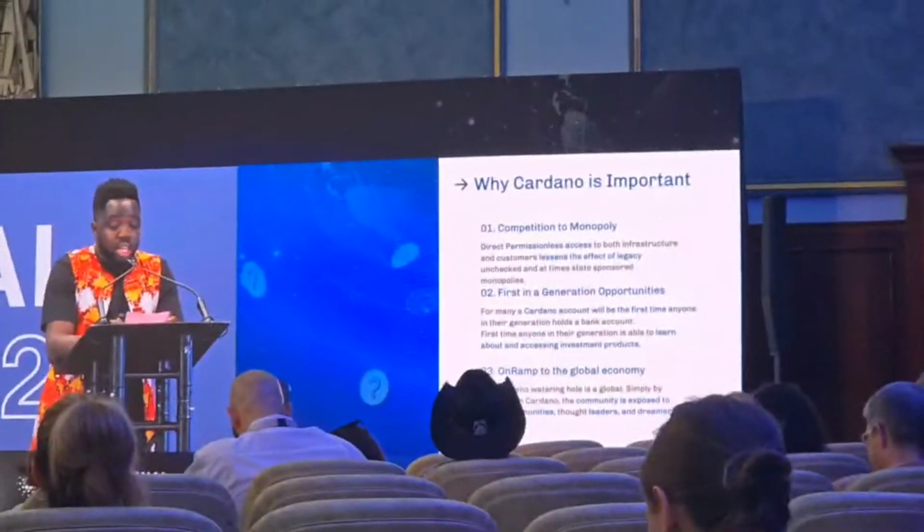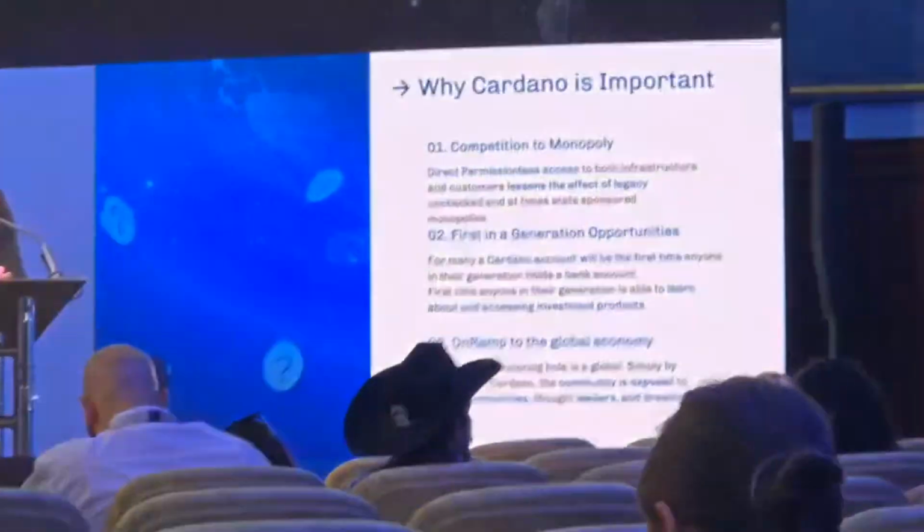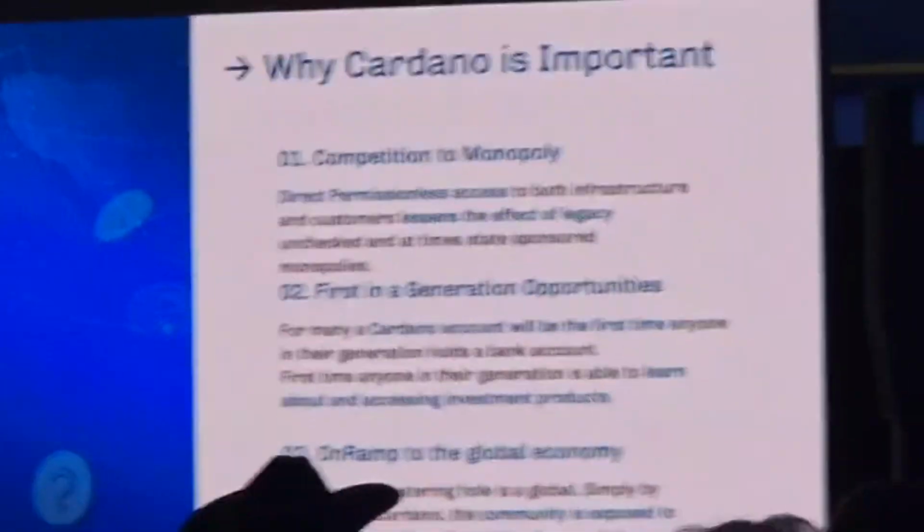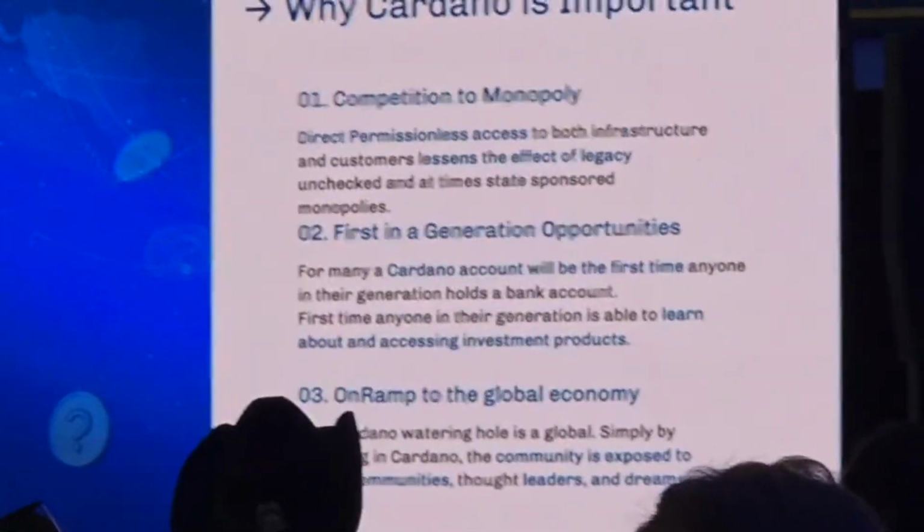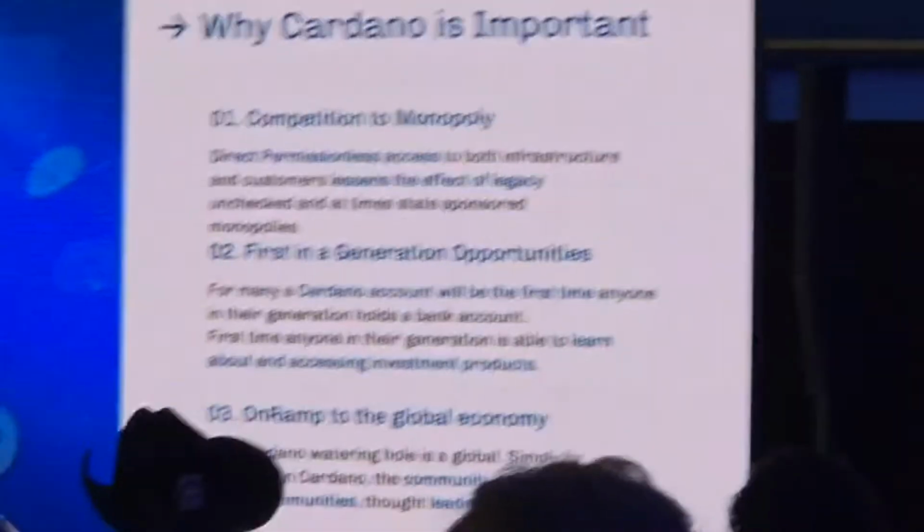Building on the alignment between Cardano and Africa that I mentioned earlier, I'd like to share some examples we've gathered from friends and peers across the continent at workshops and other Cardano events. These stories highlight the important role Cardano is playing in these local communities. One, competition versus monopoly.